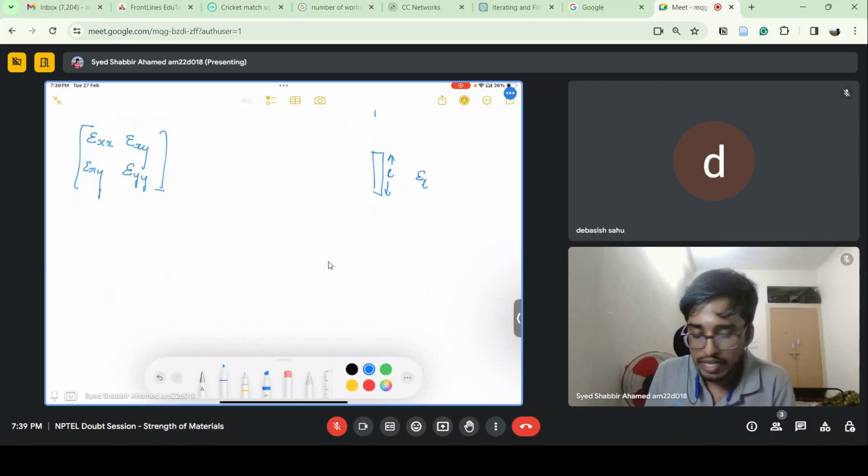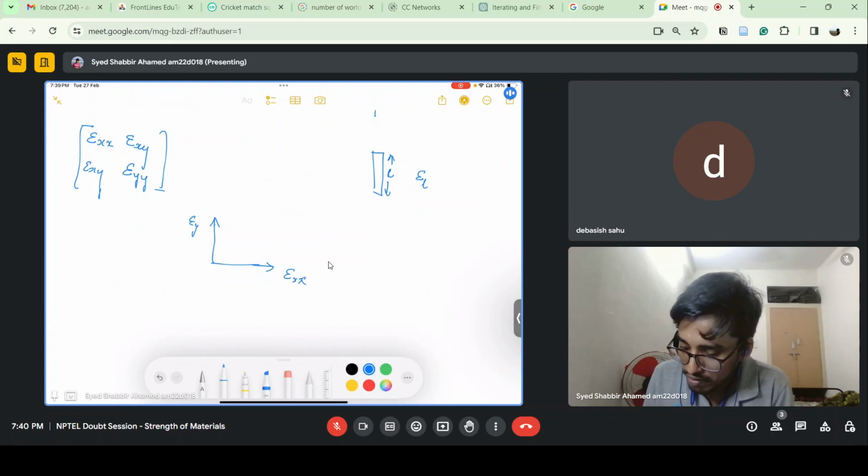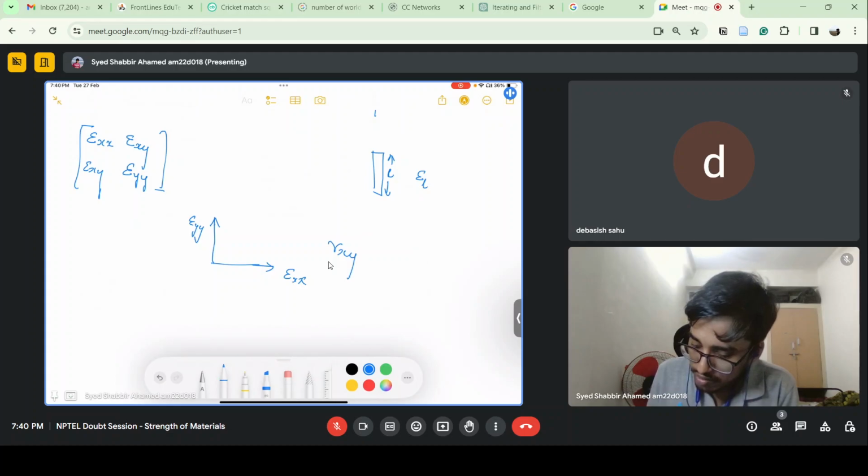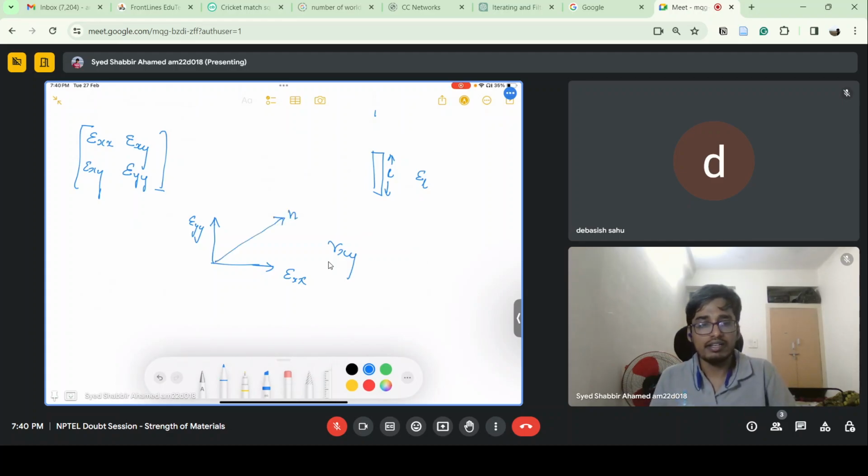So whenever we know the state of strain, if you know epsilon xx, epsilon yy, and we also know gamma xy, but we want to find the strain in a direction making an angle theta with respect to the x-axis. So you know epsilon xx, epsilon yy, gamma xy, but here we want to calculate epsilon n.